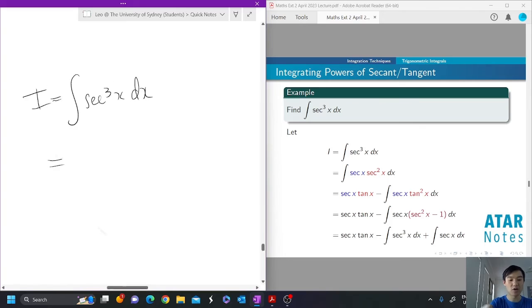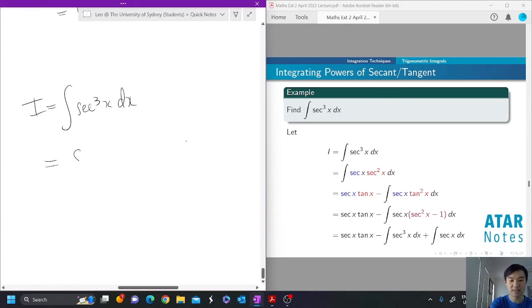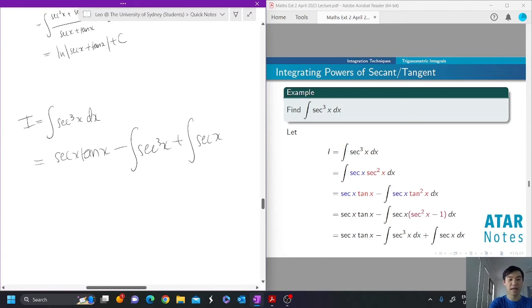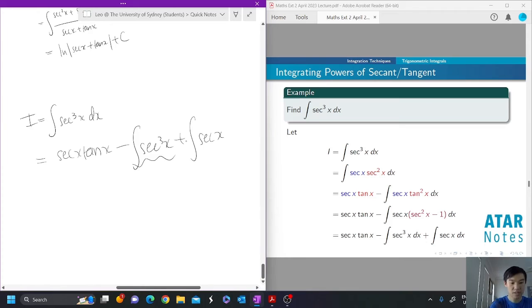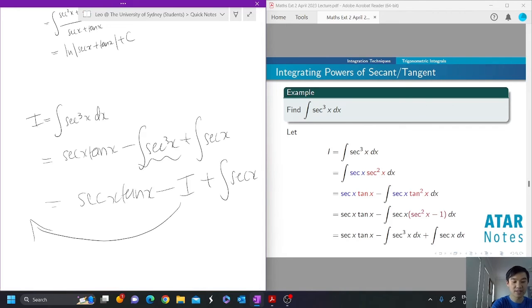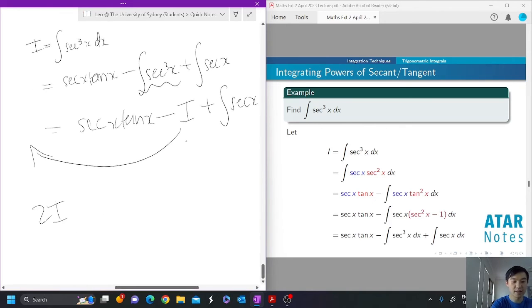Along our way of working, using integration by parts we got sec x tan x minus sec cubed x plus integral of sec x. Now this sec cubed x is I. So it's actually sec x tan x minus I plus integral of sec x. You can take that to the other side, so 2I is equal to sec x tan x plus integral of sec x.